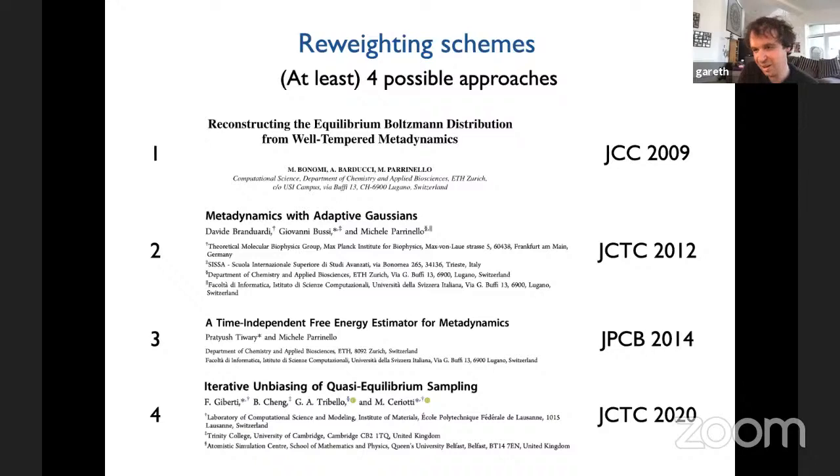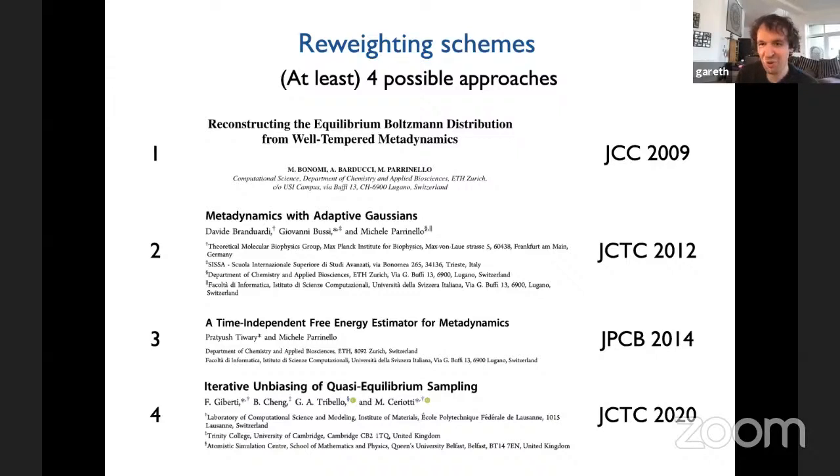You're just dealing with that time dependence in a better way. And then last year, Giberti, Cheng, Ceriotti, and I came up with another method, which is based on the same idea of trying to basically use all the statistics from the trajectory a little bit within these sort of reweighting methods.